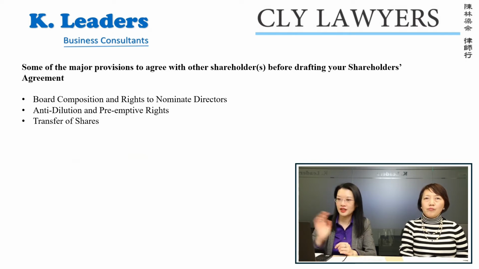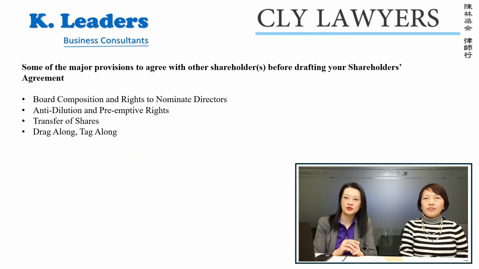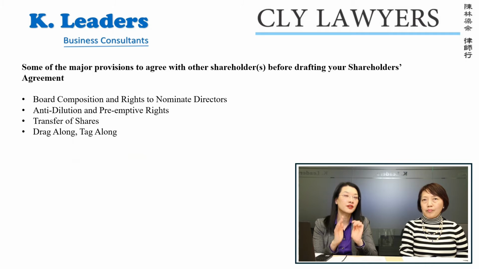Well, in that case, I'm sure you've heard of drag along and tag along provisions in shareholders agreements, and it's quite common, especially if in your partnering relationship you have major shareholders and also minority shareholders.